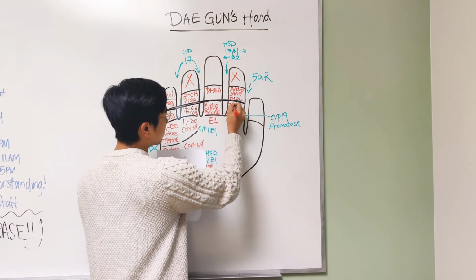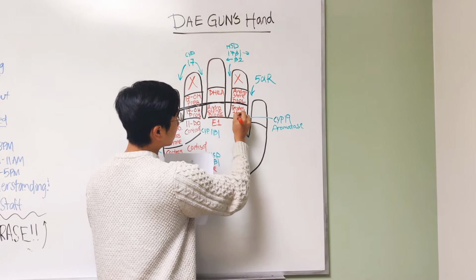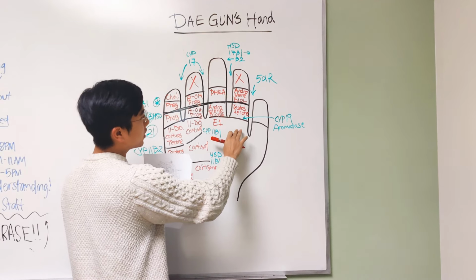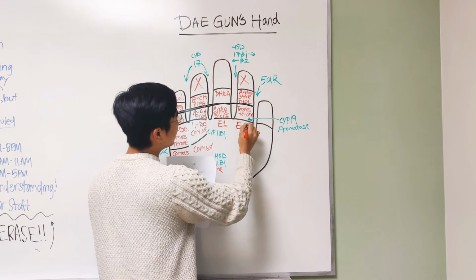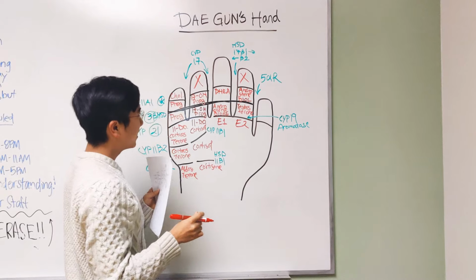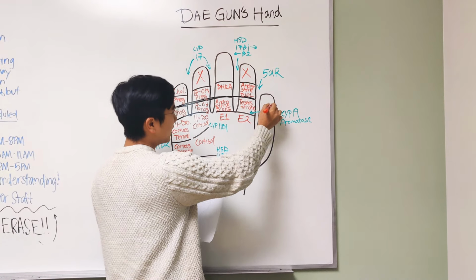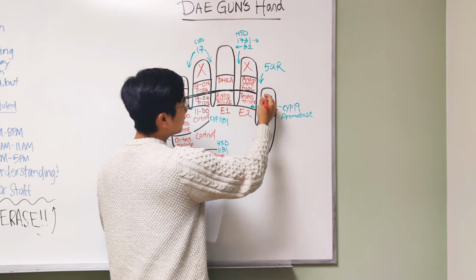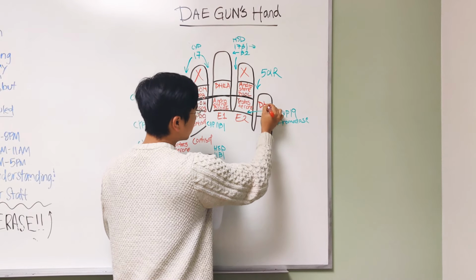Then there's testosterone, which, when it passes through aromatase, becomes estradiol. One of the last ones is here: after passing through 5-alpha reductase, it will become dihydrotestosterone.